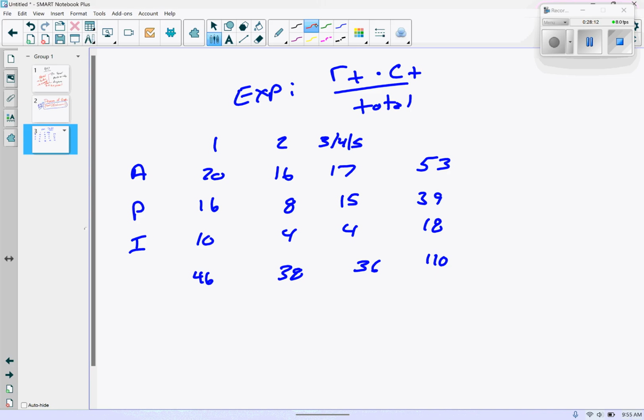So expected value, row total. For A1, we have 53 times 46 divided by 110. And this is still going to be the same number it had been. So this is 22.2. And then if I go across, then I'm going to go 53 times 38 divided by 110. And this still would have been the same as what we had.